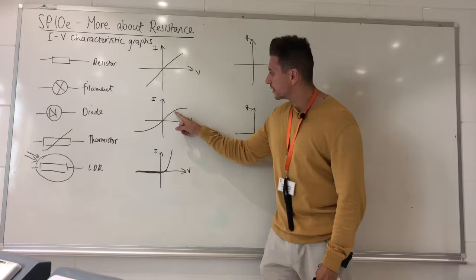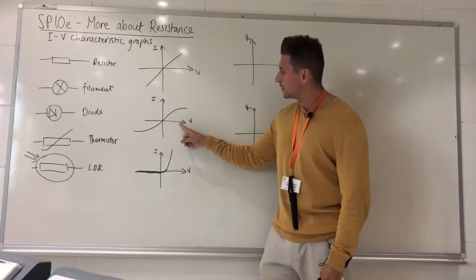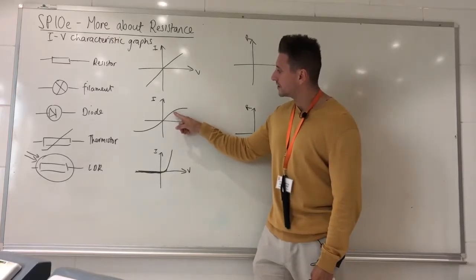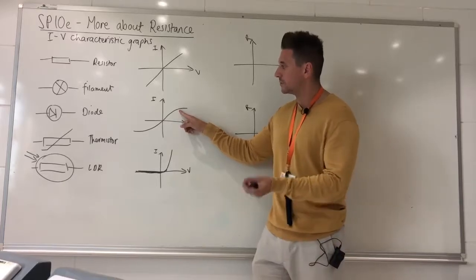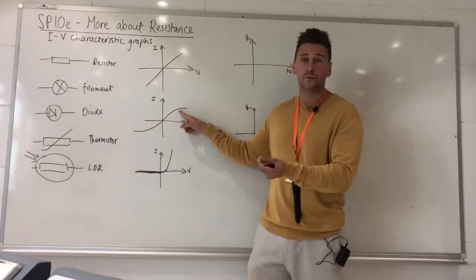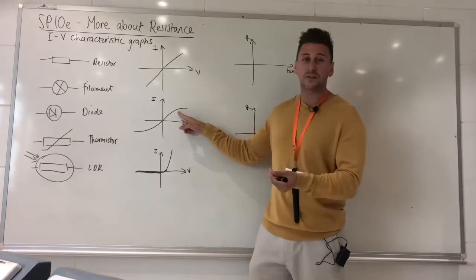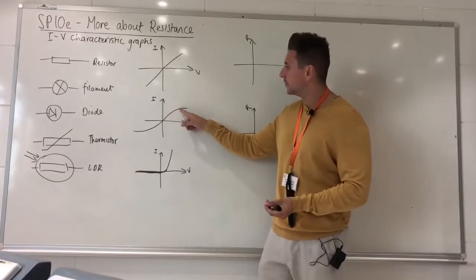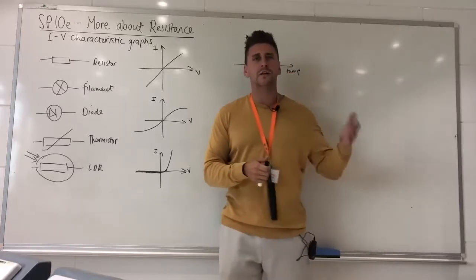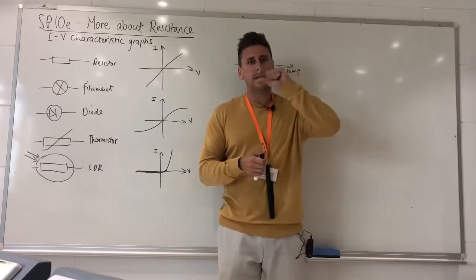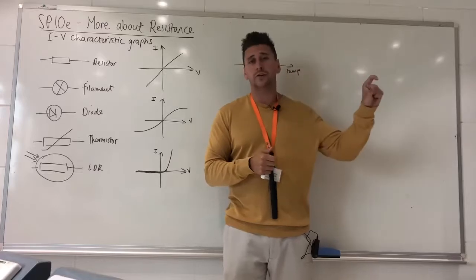Now what happens at the end: as voltage gets past a specific point, current starts increasing by a smaller amount each time, so it's no longer directly proportional. So the graph is curved, and then it reaches a maximum current here, and then it remains constant. If you keep increasing voltage through a filament lamp, the current will reach a maximum value and it will not increase past that point.